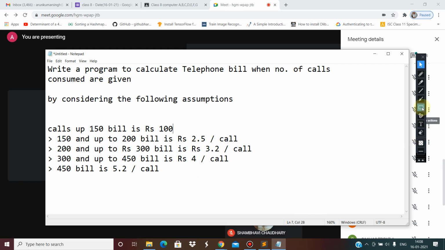Here you can see that the difference is 50 calls, then the difference is 100 calls here, then the difference is 150 calls here, and above 450. I hope it's clear. Clear or not?